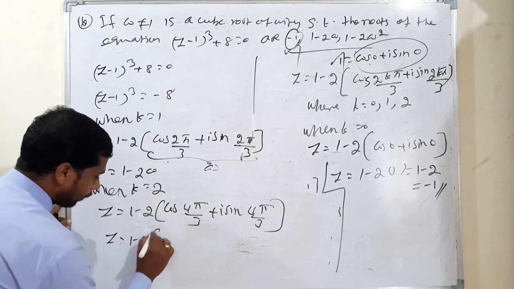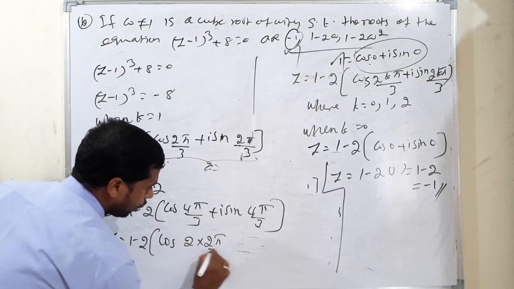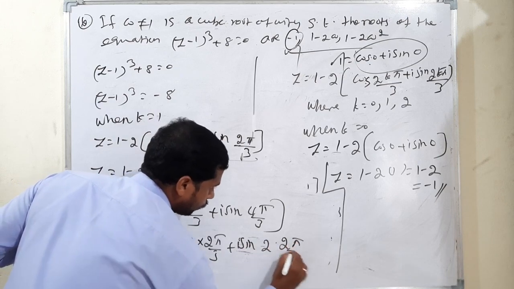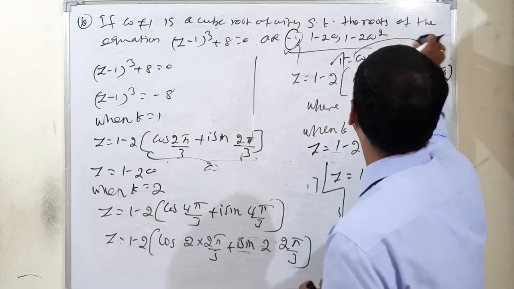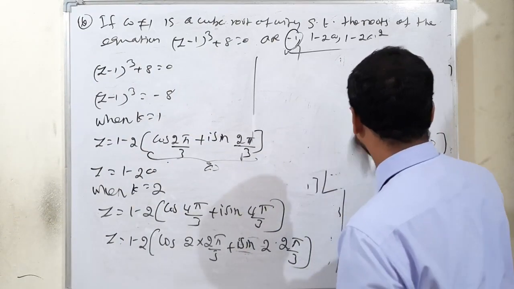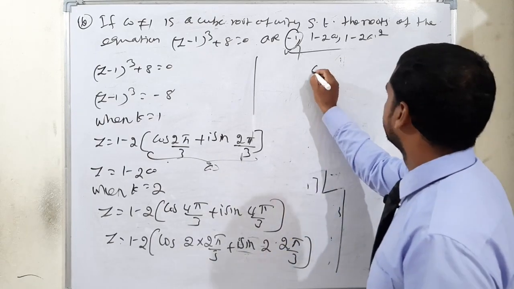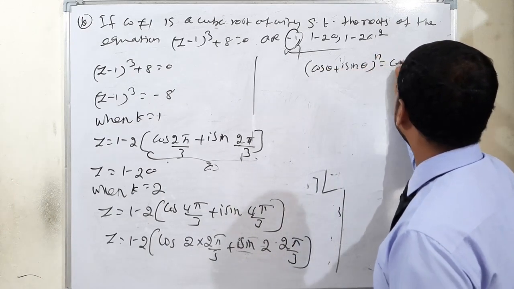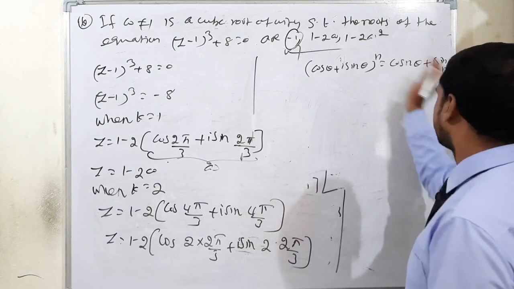Z is equal to 1 minus 2 cos of 4π, which we can write as 2 into 2π by 3 plus i sin 2 into 2π by 3. Already we know De Moivre's theorem. What is the meaning? Cos θ plus i sin θ, the whole power n, means cos nθ plus i sin nθ. Just reverse it.